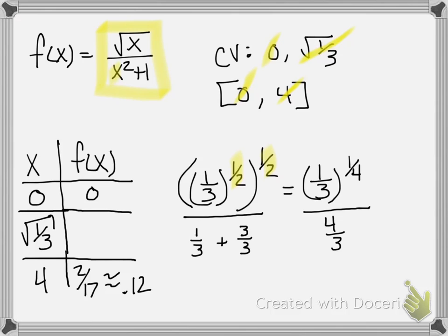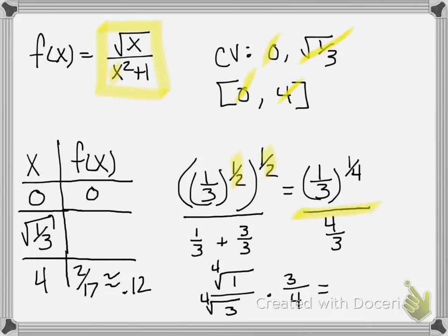When something is to the 1/4, you're taking the 4th root of it, so it's the 4th root of 1 over the 4th root of 3. Then we change our sign to multiplication, and you flip the bottom fraction, so that ends up being 3/4.